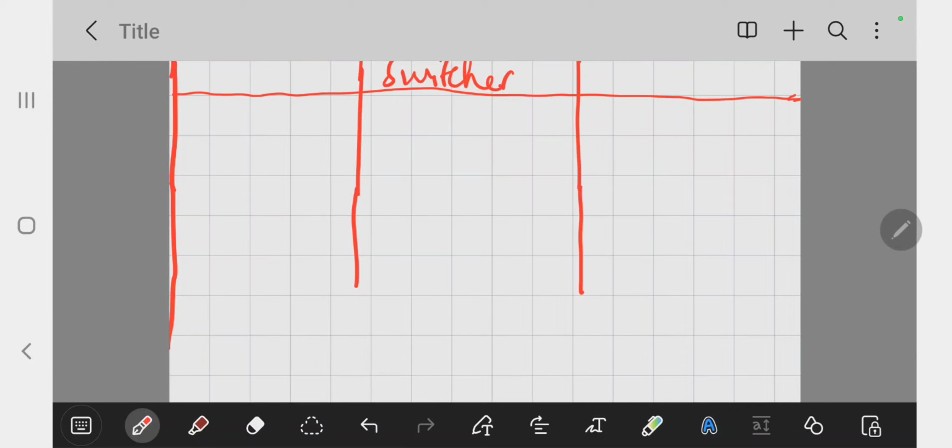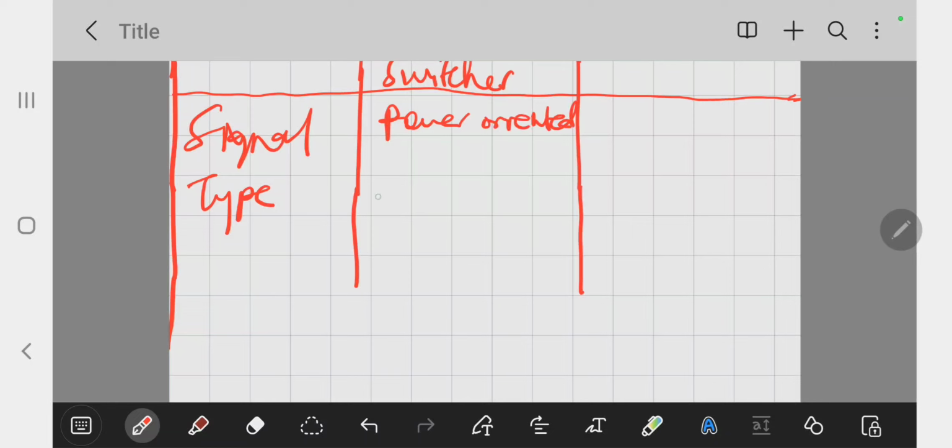Now when we look at the signal type, in an electrical circuit the signal is mainly power oriented, and it has a high voltage and current.